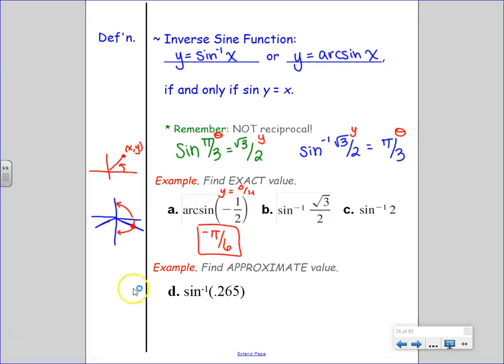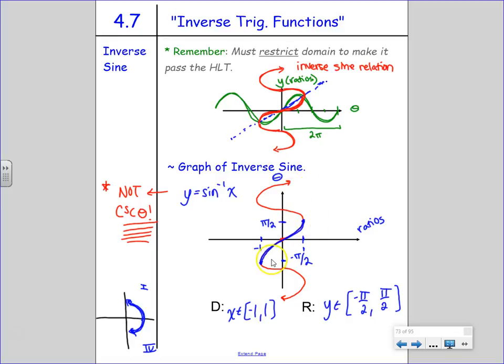So we're not allowed to go around to the 11 pi over 6. We're only allowed to go down pi over 6. Or you can think down 30. Why? Because remember we had to cut this and only use negative pi over 2 to pi over 2. So we're only allowed to go down 90 or up 90. So I can't go up 330, that's illegal.